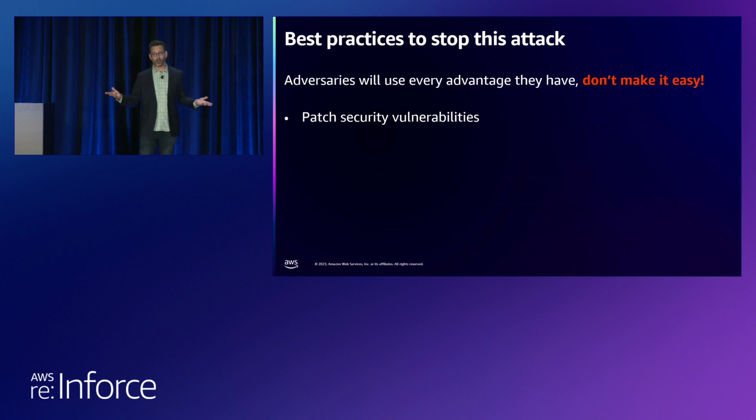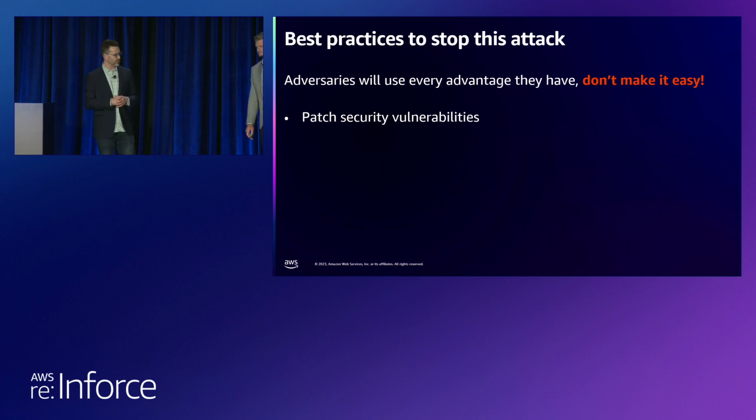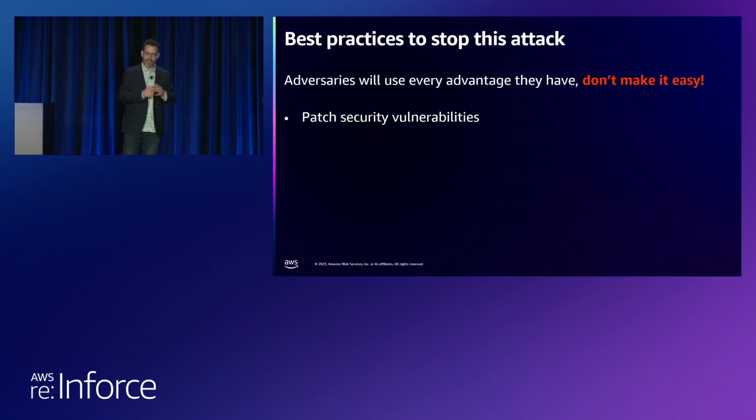Don't leave the door wide open. Practice least privilege. That's critical. Make sure you have good observability. Make sure you're discovering and covering those resources in an automated fashion, so it's not coming down to someone checking every resource each time it's deployed. That all has to be shifted left. It has to be done ahead of time, before the infrastructure goes into internet-facing production. So again, patching the security vulnerabilities.